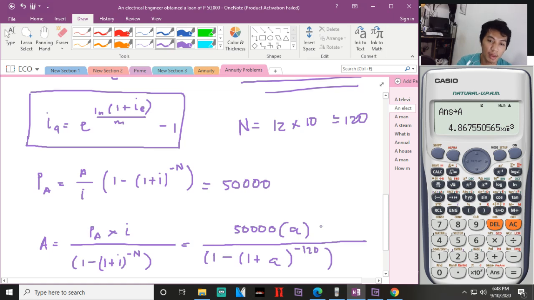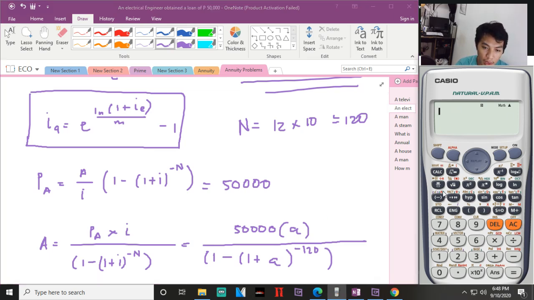Solve na natin. That is 50,000. Recall natin si A. 1 minus 1 plus, recall natin si A, and then we will raise it to negative 120.